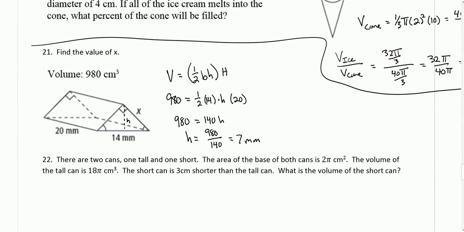Now in this triangle, where the base is 14, if we draw the altitude, we form a right triangle, and the hypotenuse is x, and we know the height here is 7.